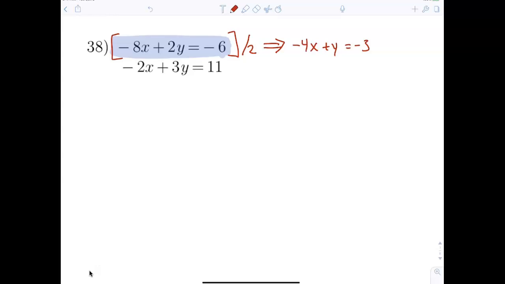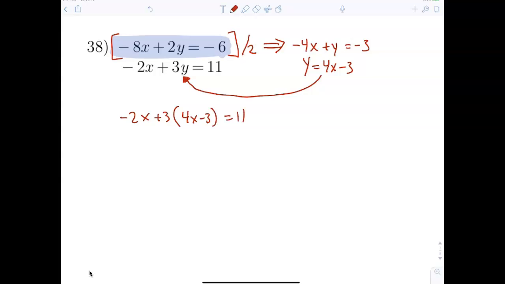And so now, what would y equal? Good job, guys. Y equals 4x minus 3. So now, that was the first equation, so it's got to go into the second equation. Negative 2x plus 3, parentheses, 4x minus 3 equals 11.